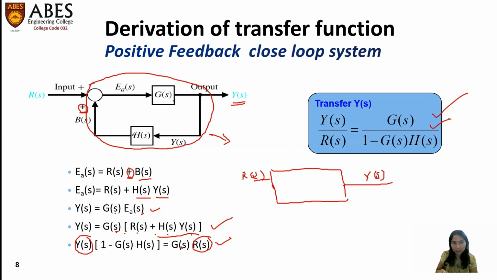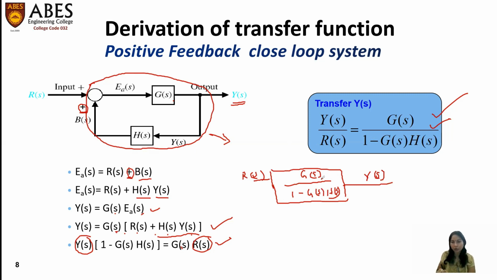So this whole closed loop I will represent by a single block having a gain of G(s) upon 1 minus G(s) into H(s), which is nothing but the overall gain of the system.